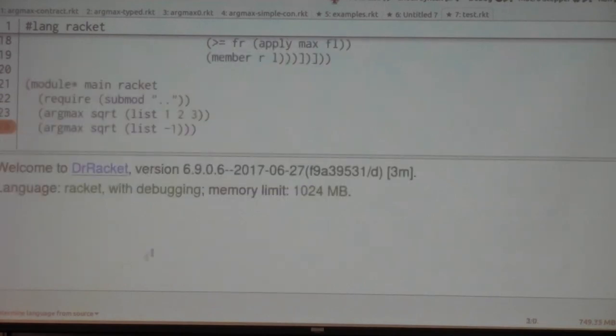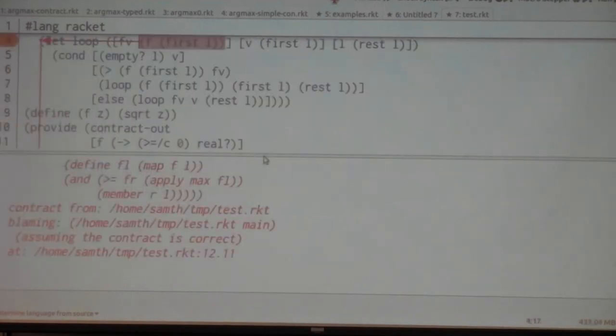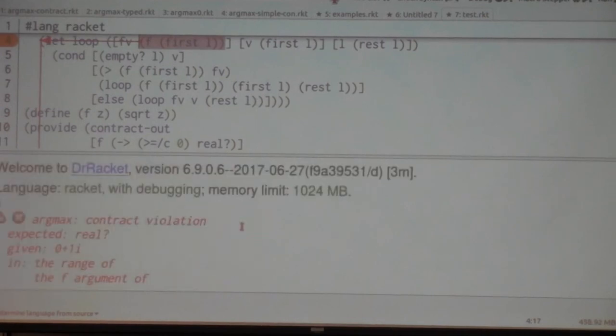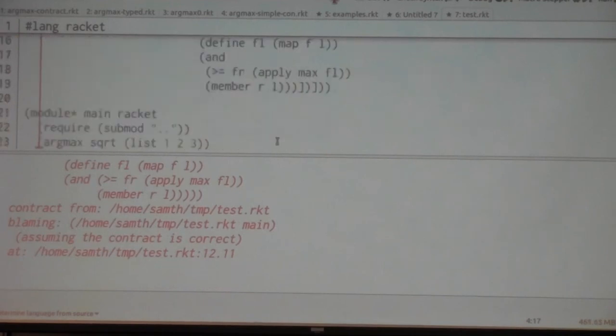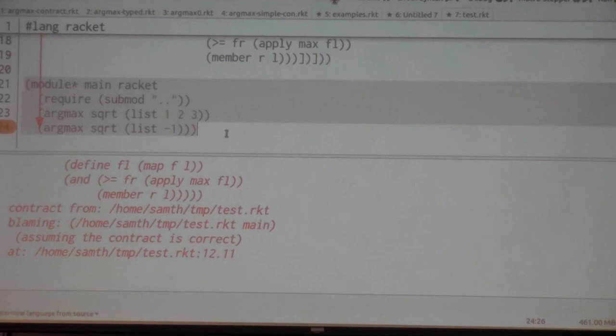So this will produce an error. We expected to get a real number, but we got i. However, if we remember earlier, we said when there's only one element in the list, we don't really need to call the function.